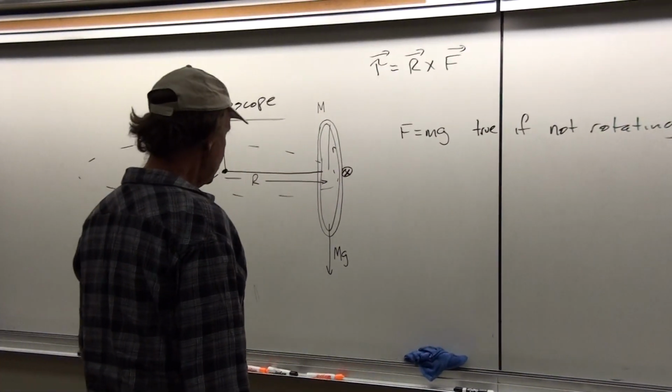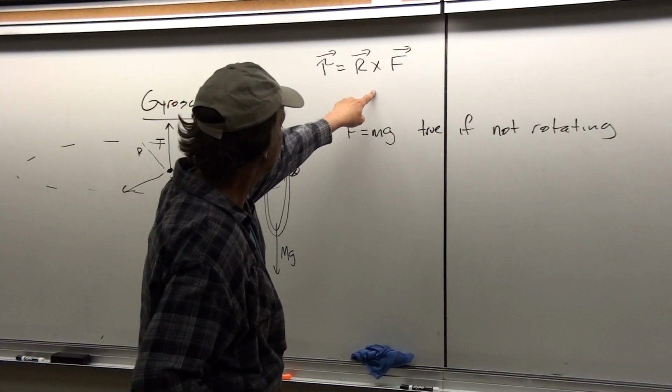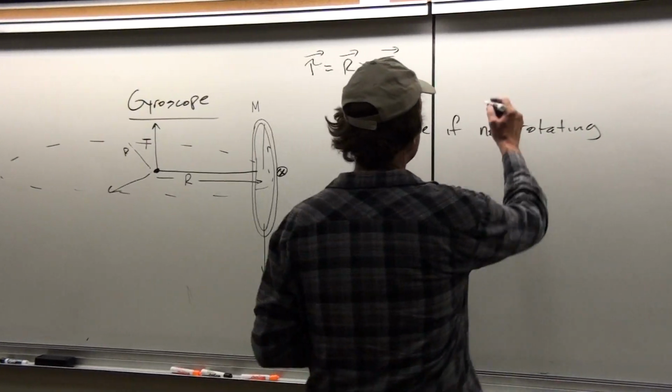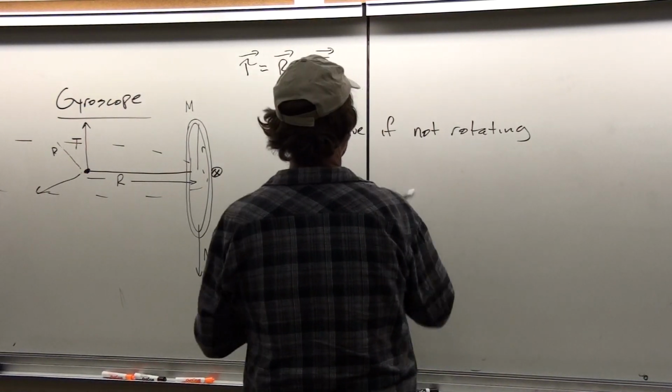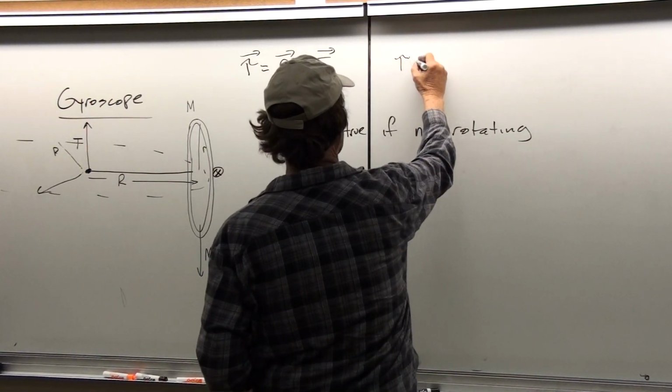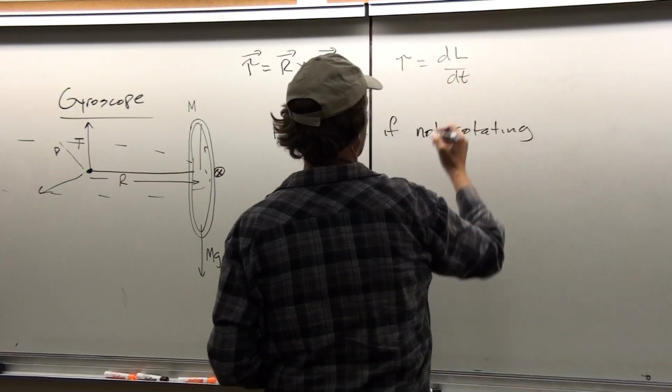Now, we've got two different expressions for the torque. We've got the expression where it's equal to r cross F, but we also have another expression for the torque in which it's equal to the derivative of angular momentum with respect to time.